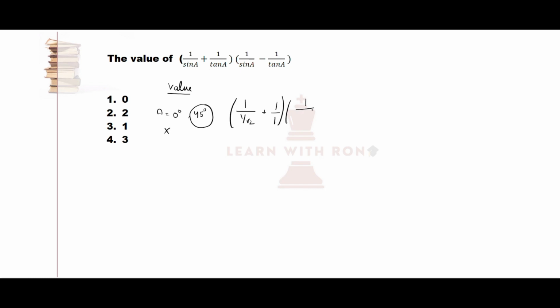Similarly, 1 by sin 45 is root 2, minus 1 by tan 45 which is 1. Root 2 plus 1 multiplied with root 2 minus 1. See, (A plus B) multiplied with (A minus B) is A square minus B square, 2 minus 1 is 1, which is option number 3 here.